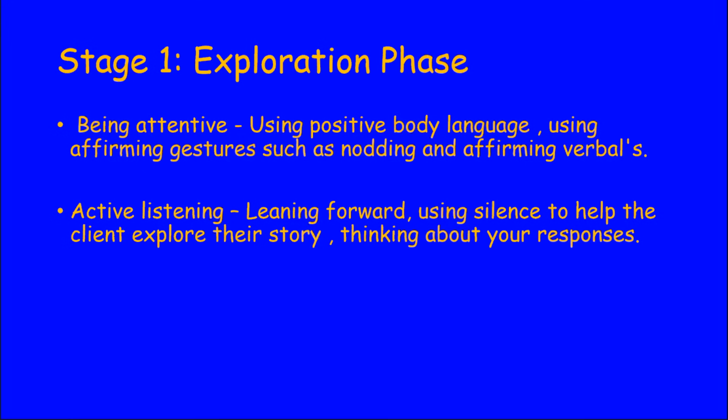Using silence to help the clients explore their story, not interrupting, but giving that space and allowing clients to tell their story. And also being very thoughtful about your responses. In the exploration phase, it's very important that you're thoughtful of your responses. A poorly thought out response here could close the client down.